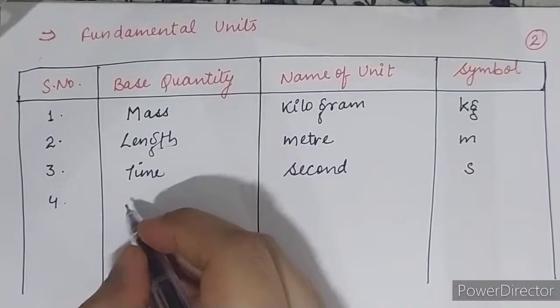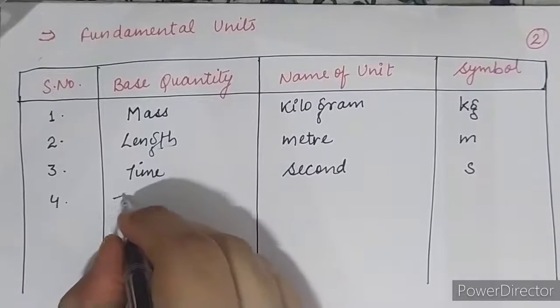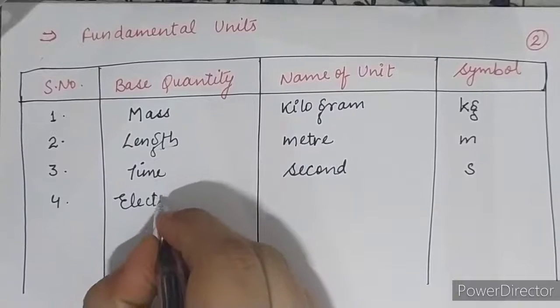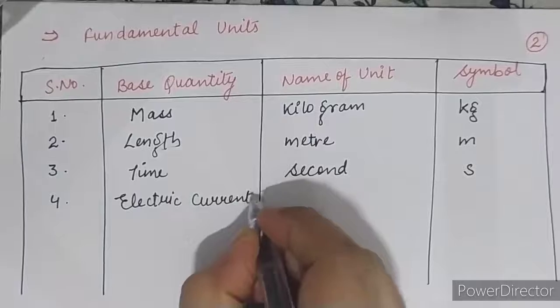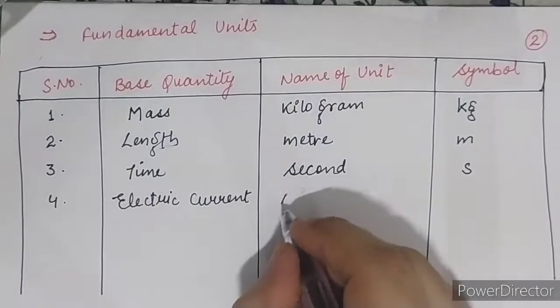Fourth one is electric current, and you know the unit of this base quantity as well, that is ampere.